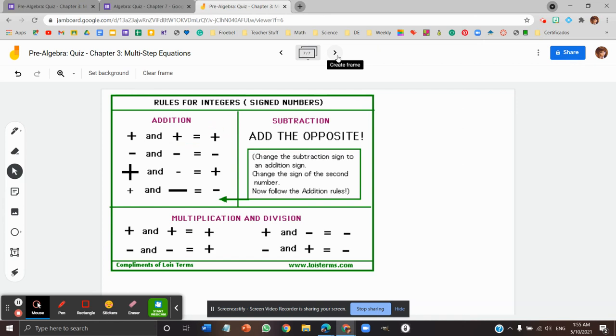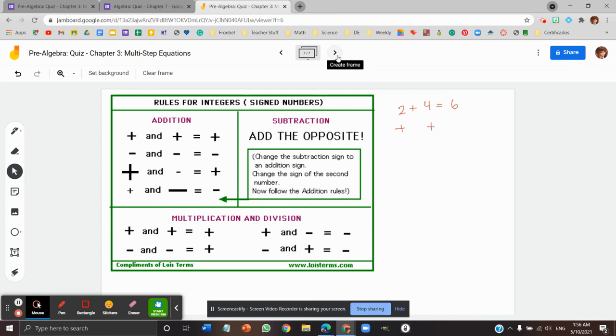If I'm adding a number that is negative with another negative, right? And again, for example, 2 plus 4, that's 6. One is positive, the other one is positive.